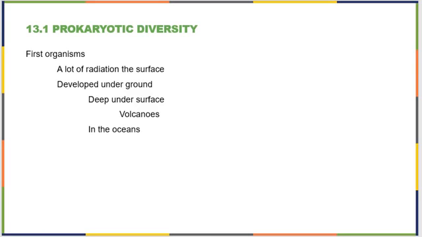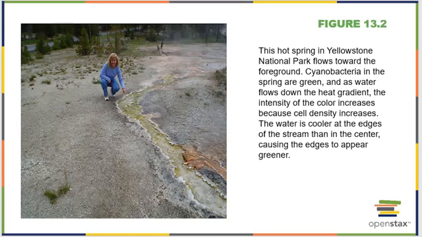The first organisms to develop on Earth had to deal with a lot of radiation on Earth's surface. We didn't have much of an atmosphere, which nowadays helps to filter out dangerous radiation that comes in from our cosmic background and also the solar flares from the sun. So a lot of them developed underground, really deep under the surfaces, near volcanoes, and deep underwater in the oceans.